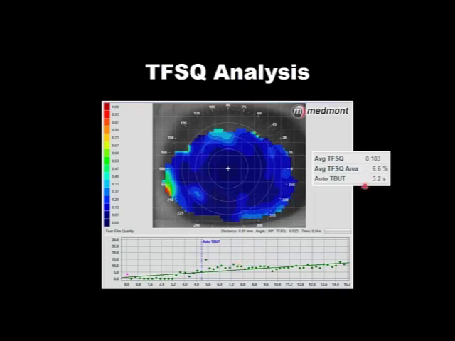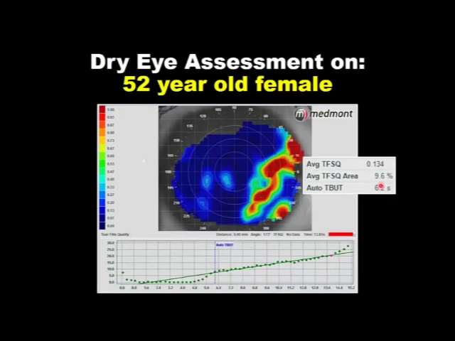Now, we use the tear film breakup time most powerfully. That's the one that you really want to focus on the most. If you take a patient that's certainly in the dry eye range, you'll see the tear film breakup time relatively low. You'll see the average TFSQ number over 0.1, and the surface area of breakup may be much broader than, say, 2 to 4%.